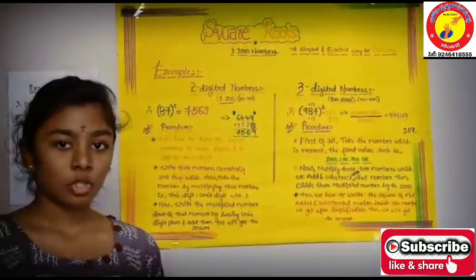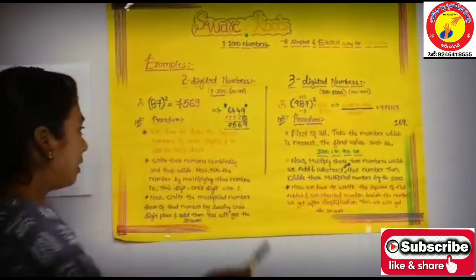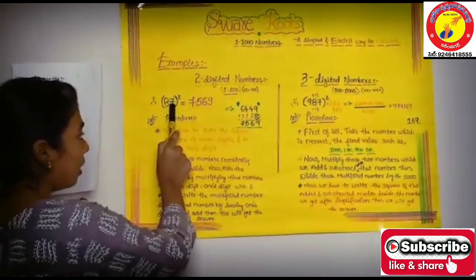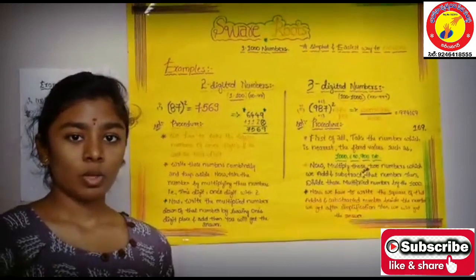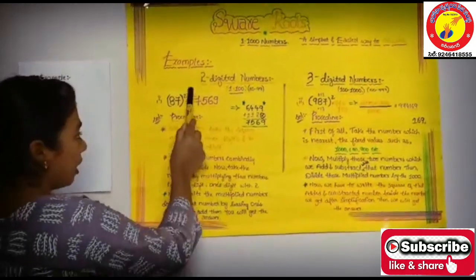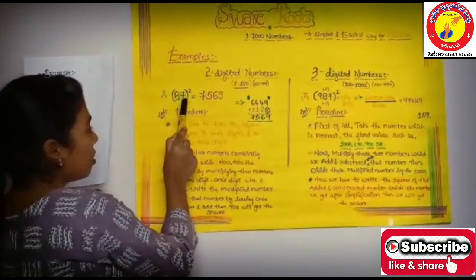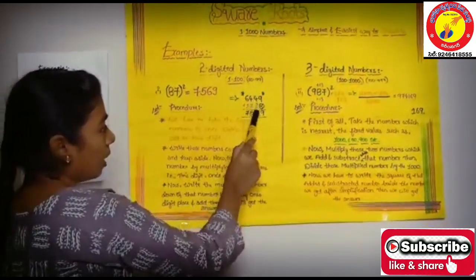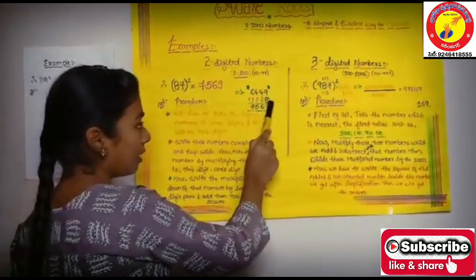Then step 2. We have to multiply the three numbers. Those three numbers are tens digit number, ones digit number with 2. As we have written here square, square indicates 2. As we have taken here 2, we have to multiply with 2. So 8 into 7 into 2, we get 112. This 112 number should be denoted here by writing like this.